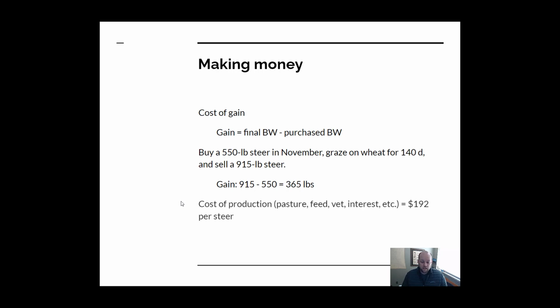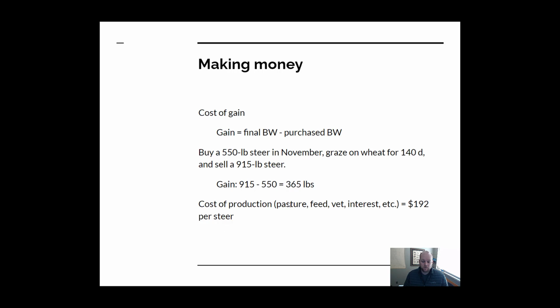So the question now is, what is the cost of producing those 365 pounds? Your cost of production includes pasture, vet, feed, supplemental feed, interest, all those kinds of expenses. You make a budget and use some other records to come up with the total cost of production. But let's say you went through that and came up with $192 per steer.